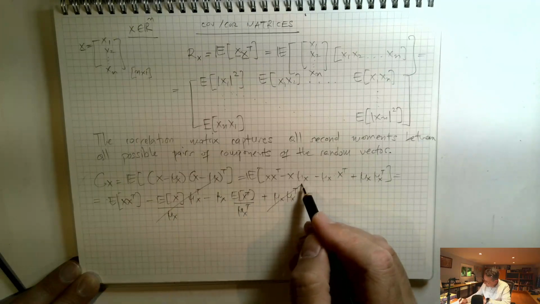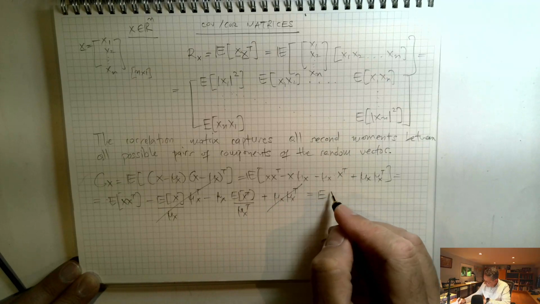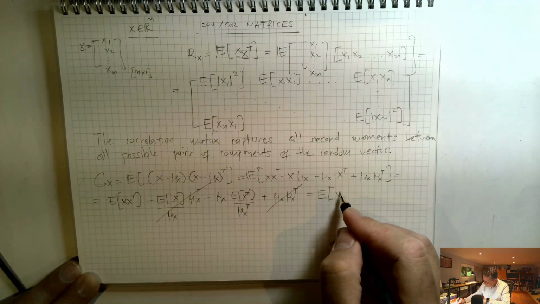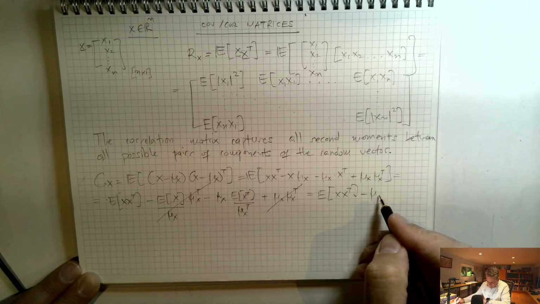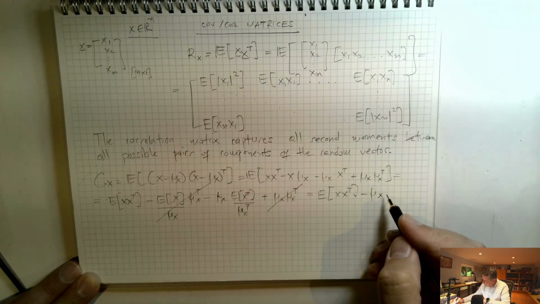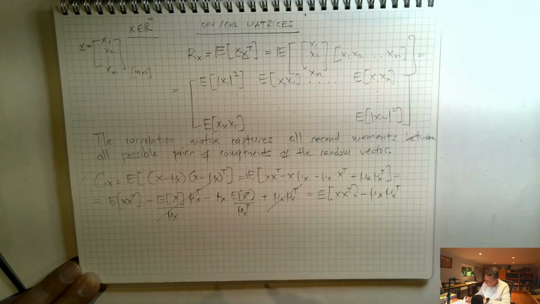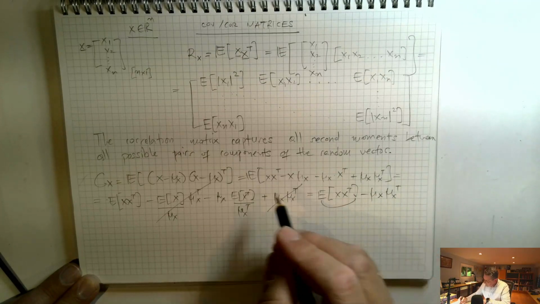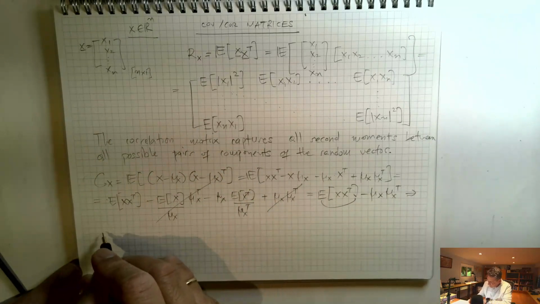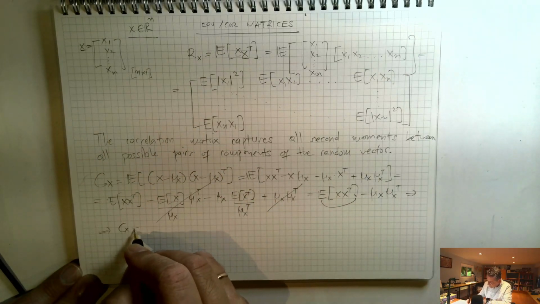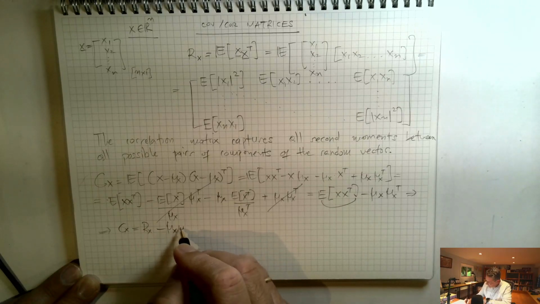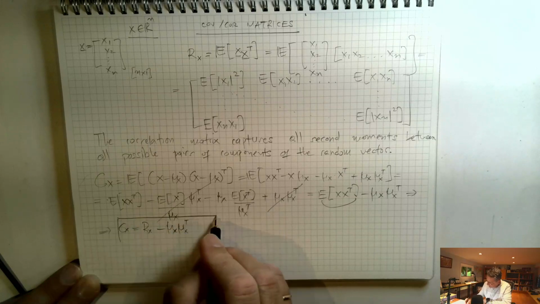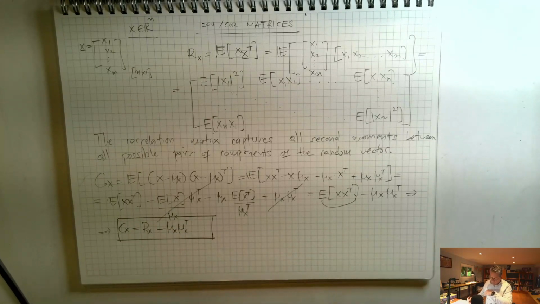So this term and this term go away, and I have finally the expectation of x x transpose minus mu x mu x transpose, where the first term is the correlation matrix. So we can write that Cx, the covariance matrix, is equal to the correlation matrix minus mu x mu x transpose. That is the key relationship.